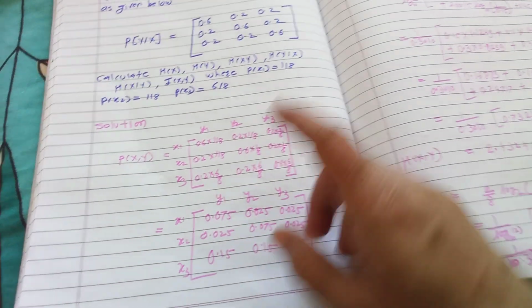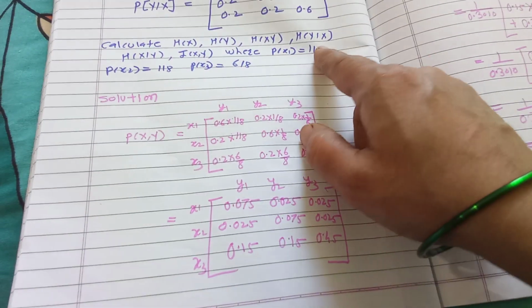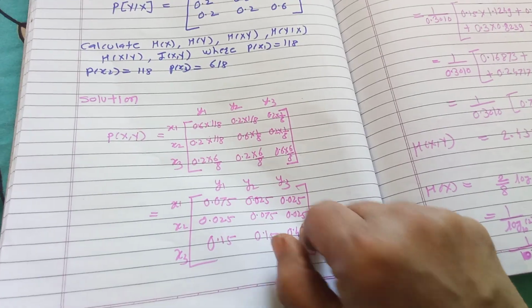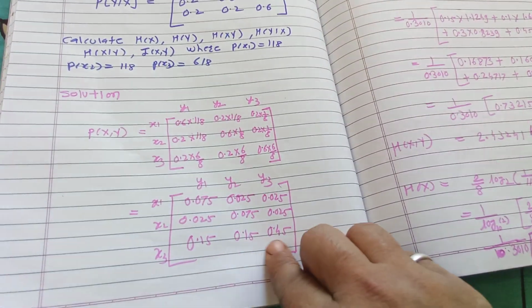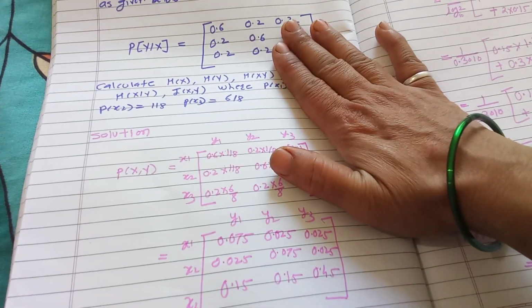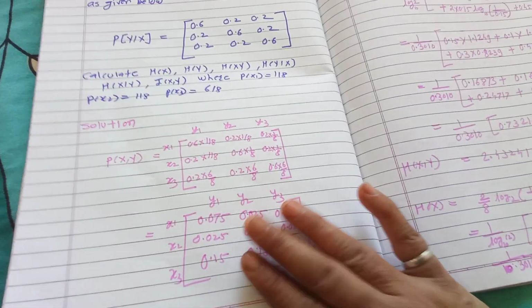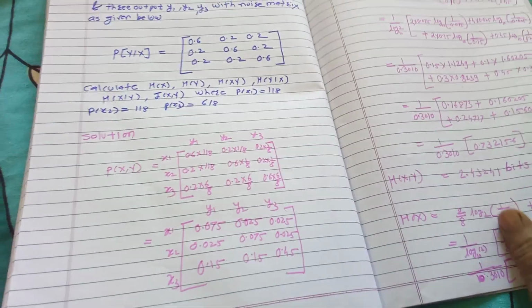But not needed, already they have given it. If you add this you will get 1 by 8, this 1 by 8, this 6 by 8. So don't use this matrix. This is the important point. Use the joint matrix only for Px and Py probabilities.